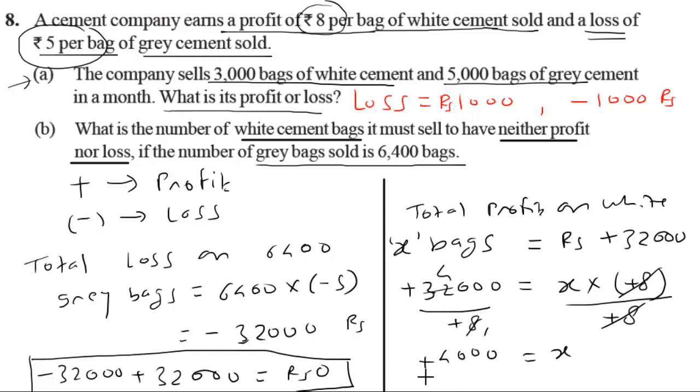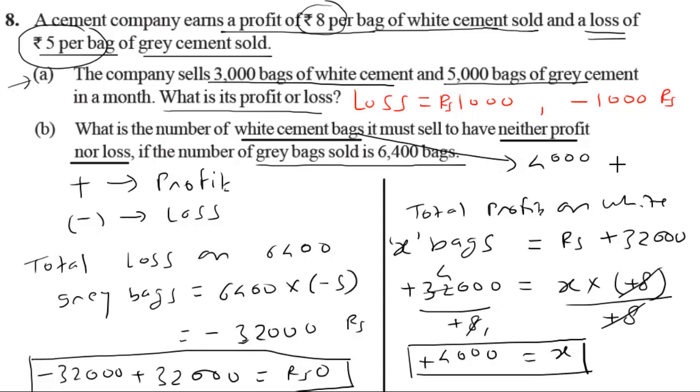So the number of bags should be 4,000. To recover from the loss of selling 6,400 grey bags, the white bags sold should be 4,000 white bags.